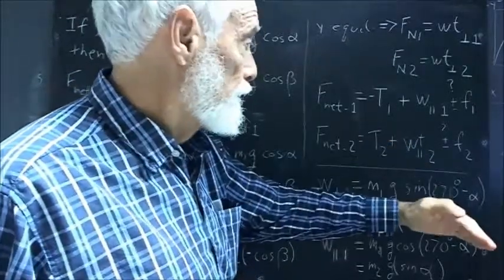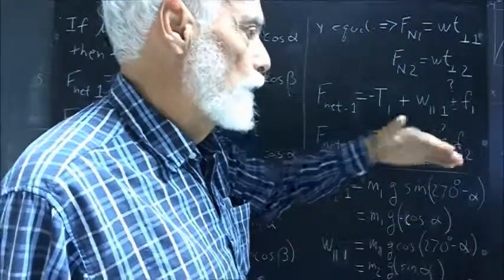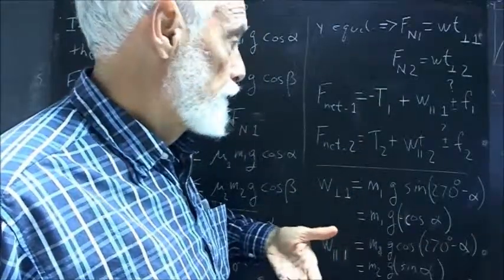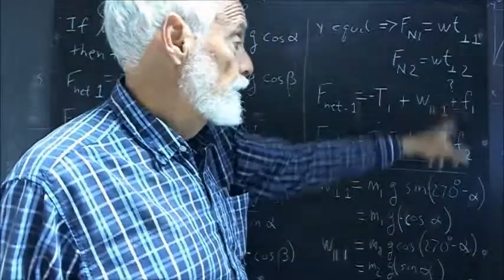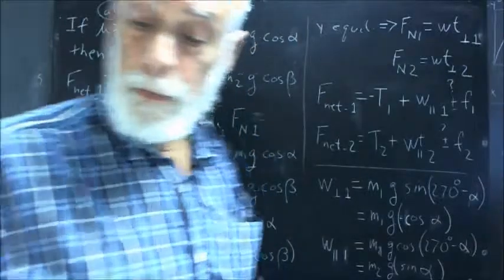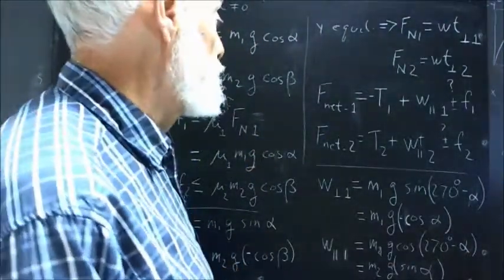Does the parallel component of the weight on this side exceed the parallel component of the weight on this side, or vice versa? All those things influence whether that frictional force is positive or negative. And a similar expression holds for the net force on object 2.